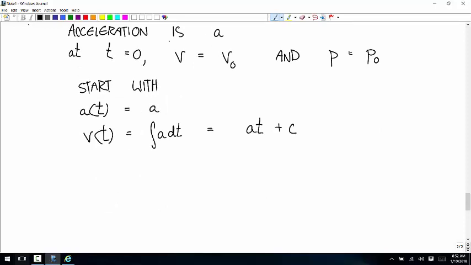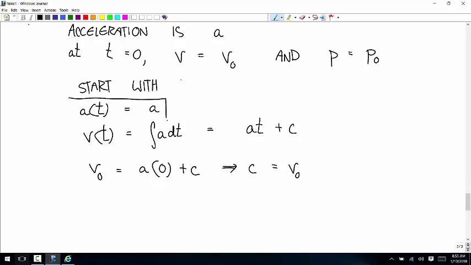Well, we know that when time is equal to 0, v is equal to v sub 0. So to use that boundary condition, we'll say v sub 0 is equal to a times 0 plus c. And that tells us that that constant c is equal to v sub 0. Who's with me on that? Okay.